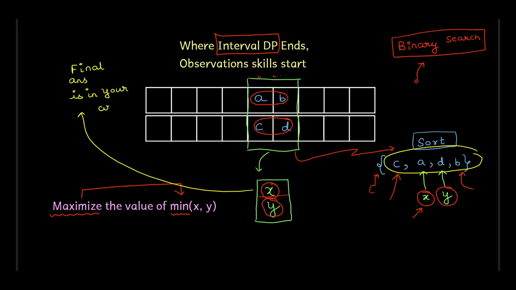This is the first observation that might not be obvious to a lot of you: since this is just a sort operation, your answer has to be one out of the 2n elements that are present in your array.